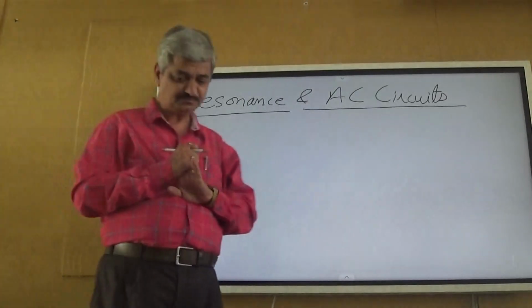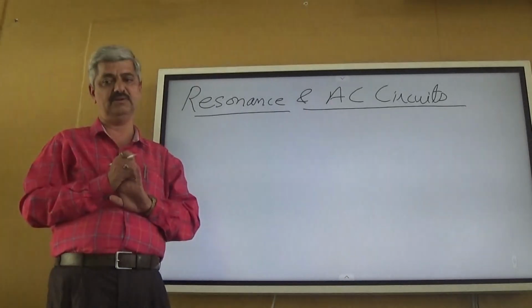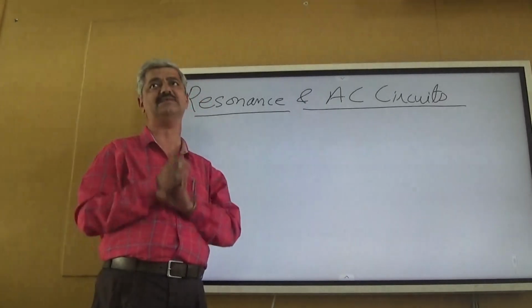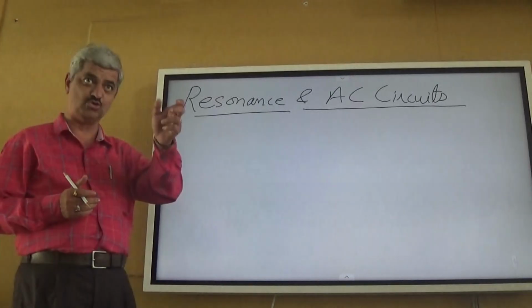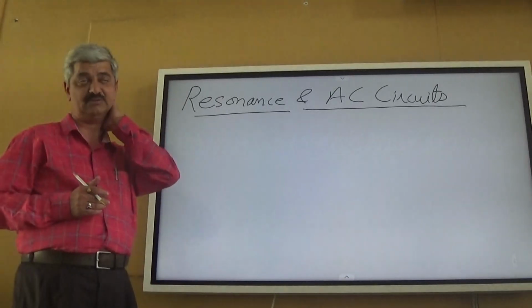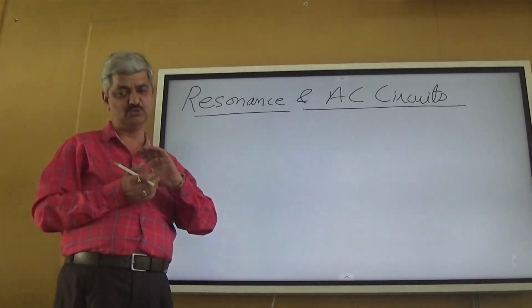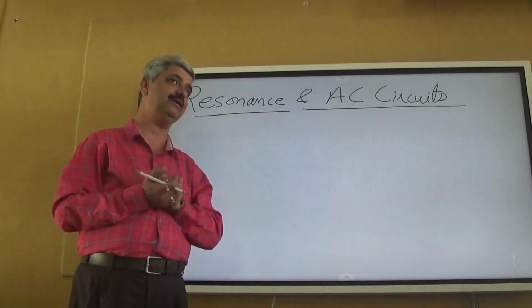So the idea is now very clear: a circuit which consists of either an inductor or a capacitor, when subjected to an AC source, results in a very peculiar behavior, as the AC source is sinusoidal.